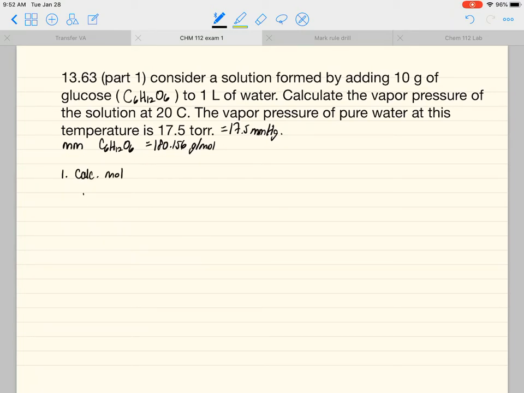So I have 10 grams of this substance, and I'm going to convert it to moles by dividing by the molar mass. Okay, so my grams will cancel there, and I'm left with 0.0555 moles. Okay, I'll leave ample digits here and round at the end.